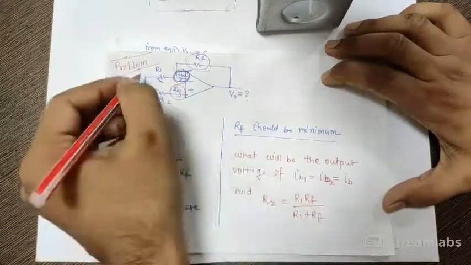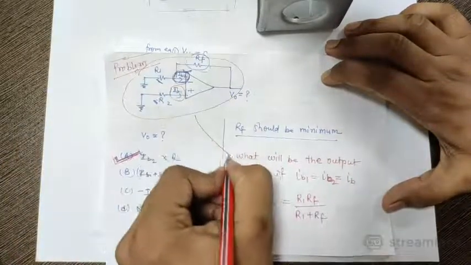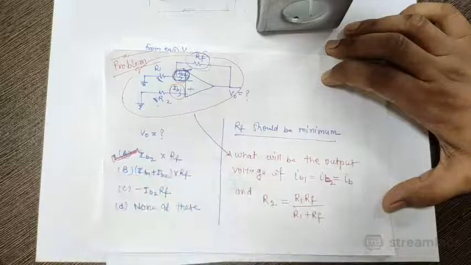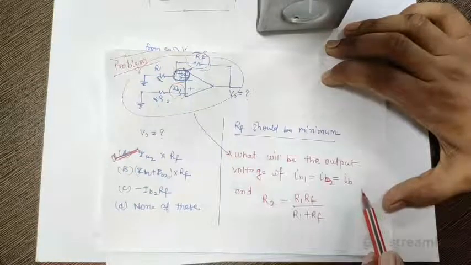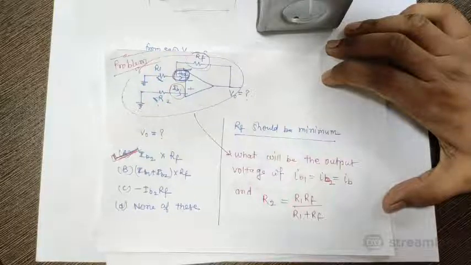For the same circuit, what will be the output voltage? This question: if IB1 equal to IB2 equal to IB, and R2 is R1 RF upon R1 plus RF.